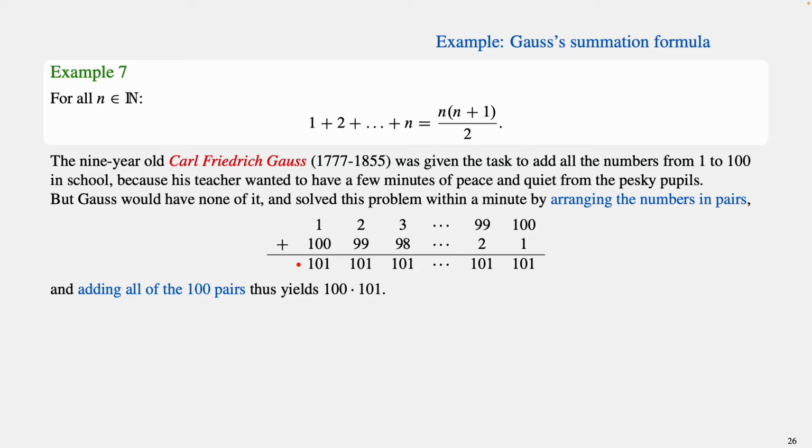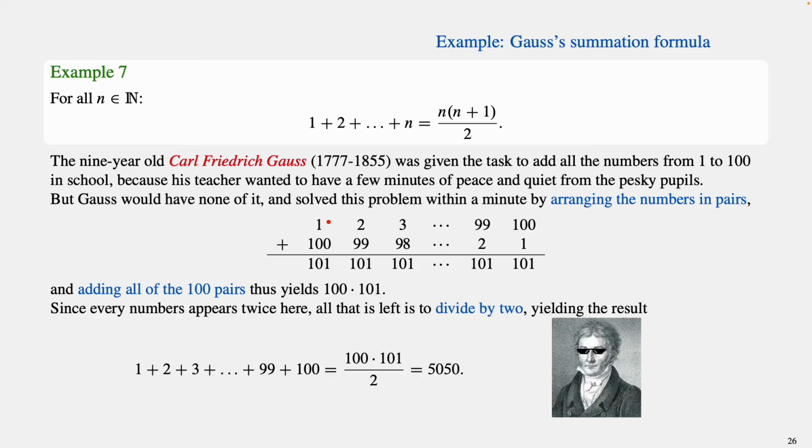So adding all these 100 pairs yields 100 times 101. Now, of course, in this scheme here, every number appears twice, so what's left is to divide by 2, which yields the result. The numbers 1 plus 2 plus 3 and so on, plus 100 gives 100 times 101 divided by 2, which is 5050.